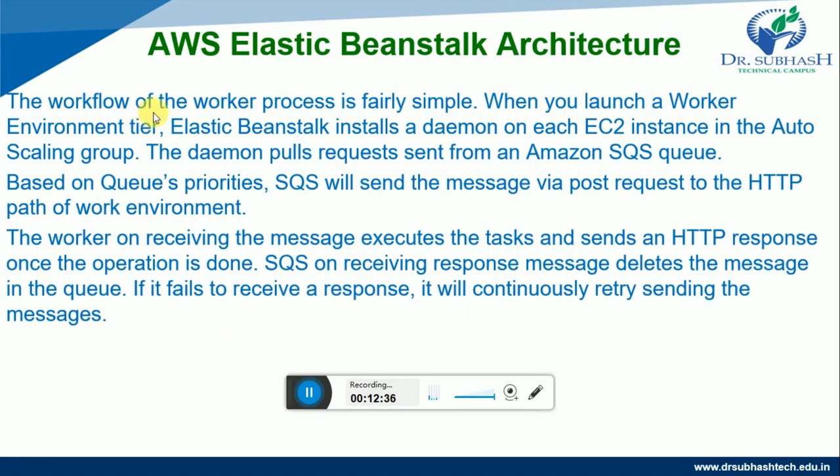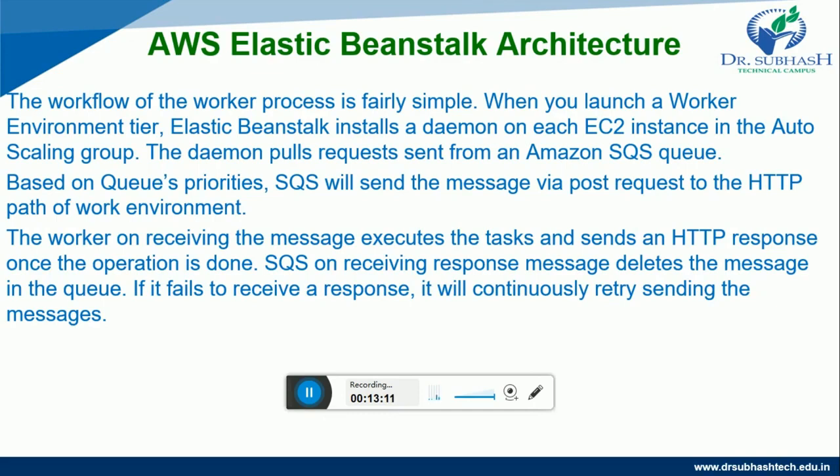The workflow of the worker process is fairly simple. When you launch a worker environment tier, Elastic Beanstalk installs a daemon on each EC2 instance in the auto scaling group. This daemon pulls the requests sent from the Amazon SQS queue. Based on the queue priorities, SQS will send the messages via a post request to the HTTP path of the worker environment.